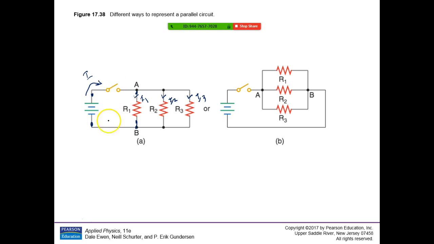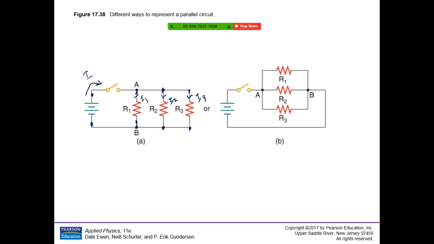You're still measuring across the same 2 points. That's still a 6 volt drop. And guess what? Here to here is still a 6 volt drop. And here to here is still a 6 volt drop, because you've got nothing in between, no resistors in between there. Okay? The currents add, but the voltages across each resistor in a parallel circuit are always the same. And they're the same as the voltage across the battery.